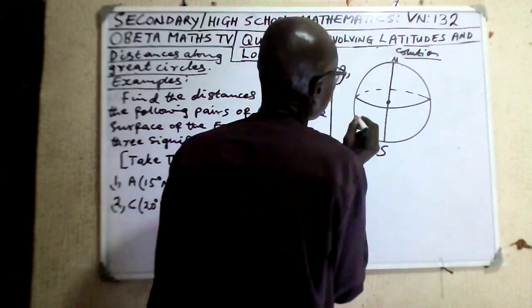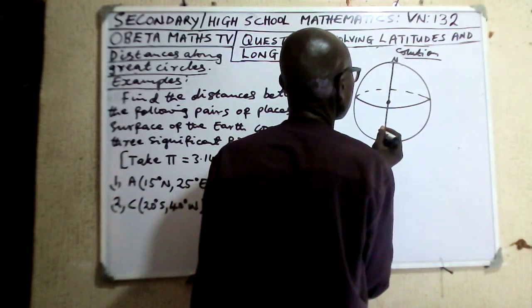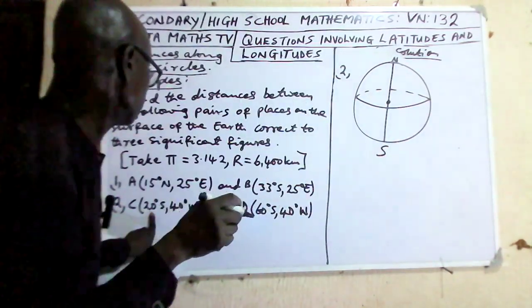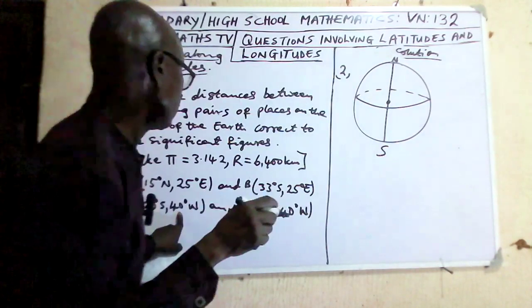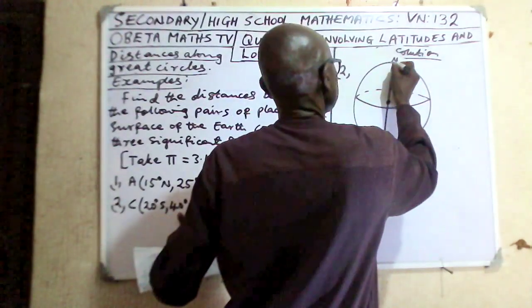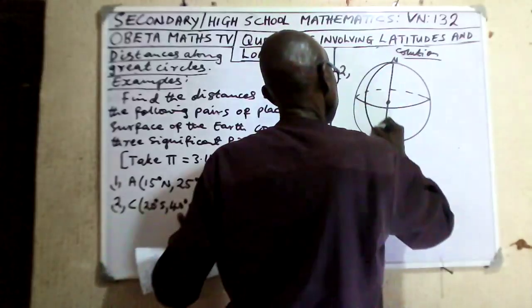Then we go back 20 degrees south, 40 degrees west. So the distance is along 40 degrees west.